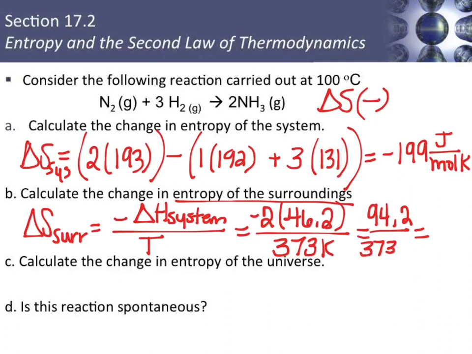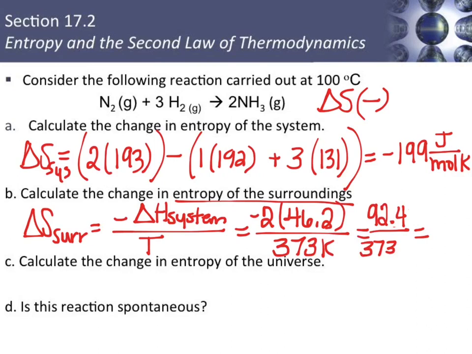Okay, so we found, oh, 92.4. Hold on. 92.4. Yes? You have 46.2. Is that just because that's just the reactant and that's all the system?